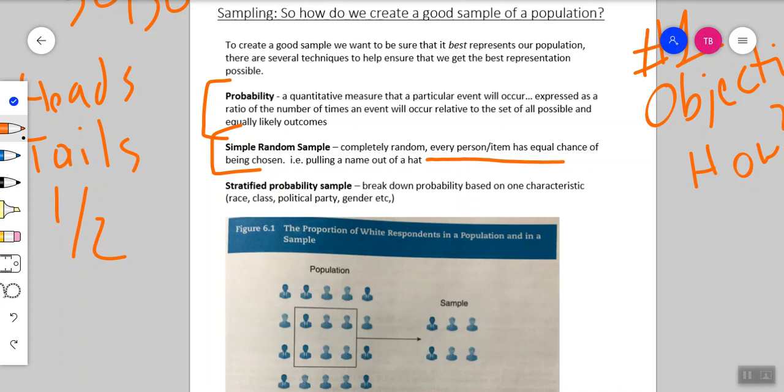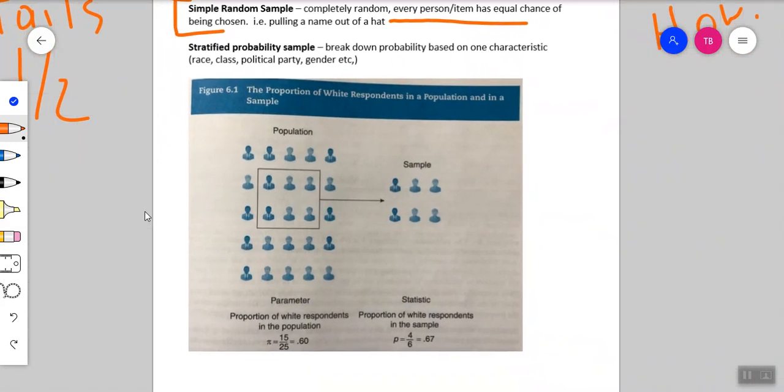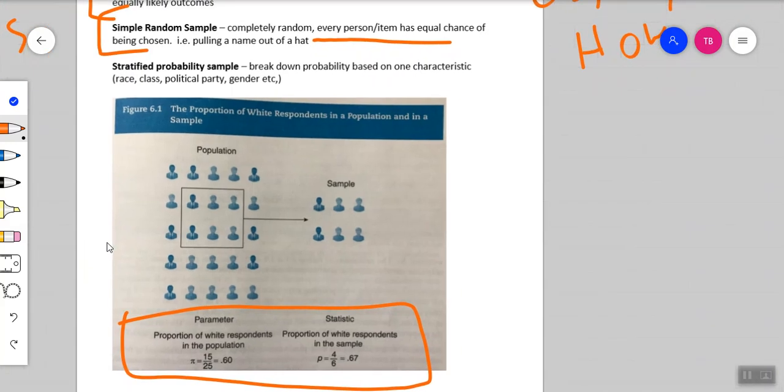Okay, so the stratified probability sample. The stratified sample is basically if you had a particular research interest and it was important, you're looking at one characteristic. So let's look at the picture here. In this instance, they're looking at white respondents. Say this was about the likelihood of getting a loan, and they're saying white respondents are more likely to get a loan.